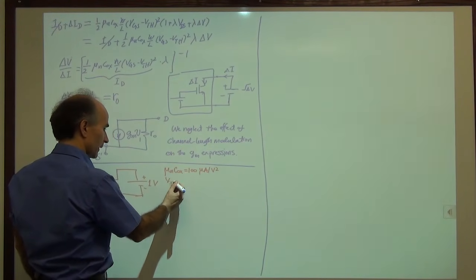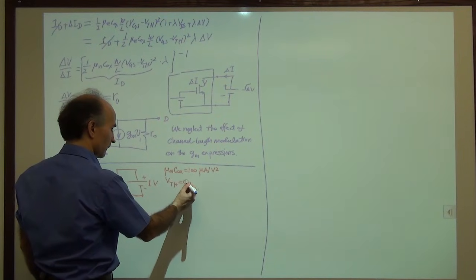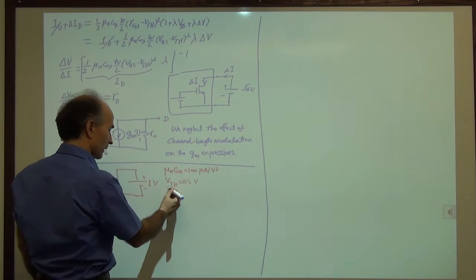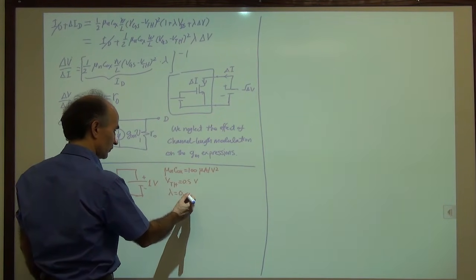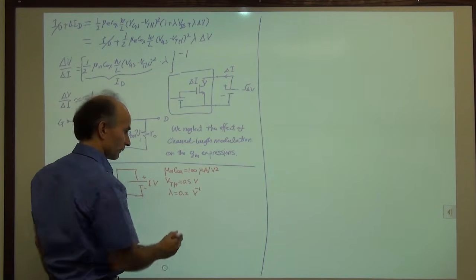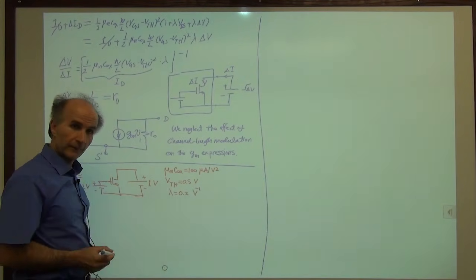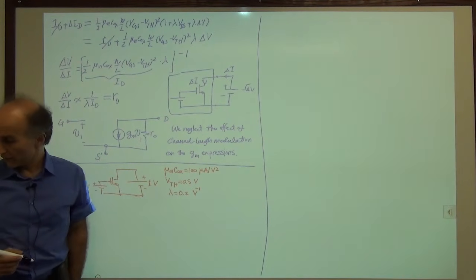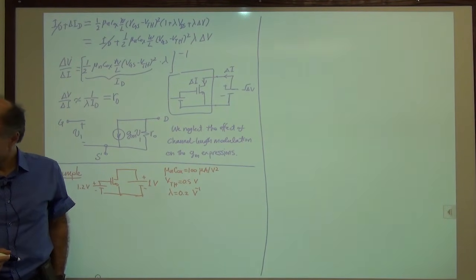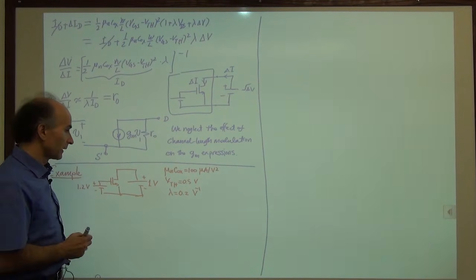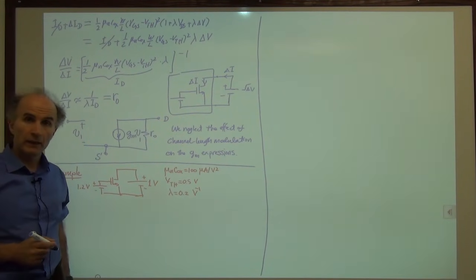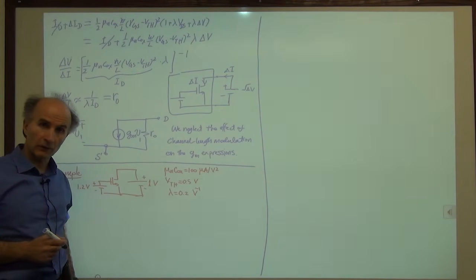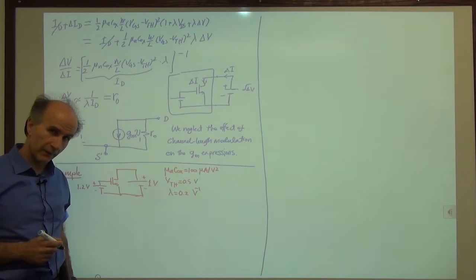The threshold of the device is 0.5 volts. Lambda is 0.2 inverse volts, strange unit. And I think that's all we need. We would like to derive the small signal model of this device.